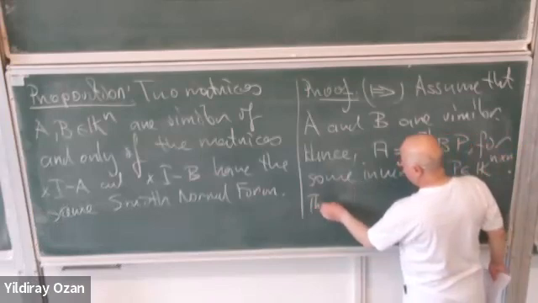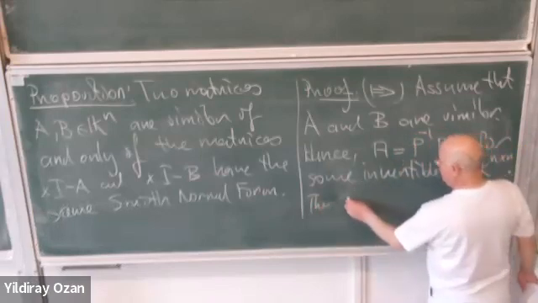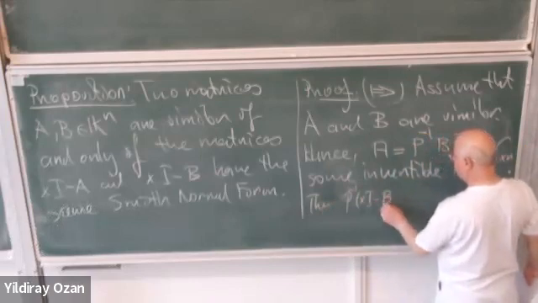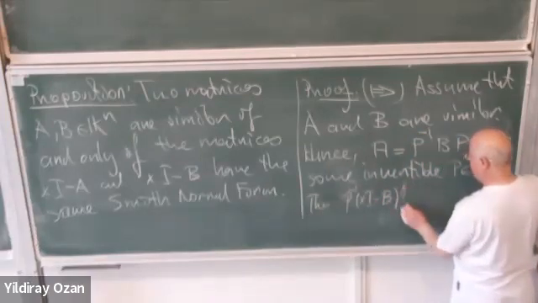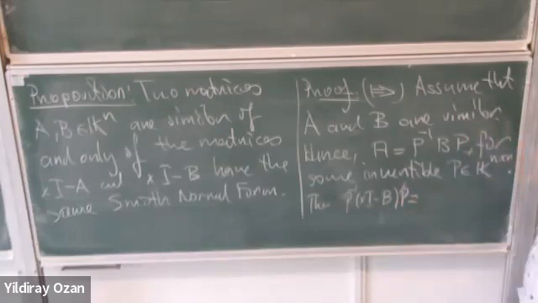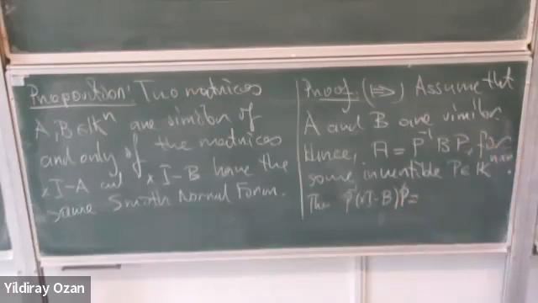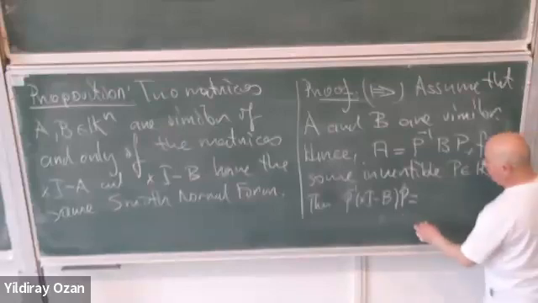Then you see P inverse times (xI minus B) times P is what? X is just X like as if it's a constant, right?